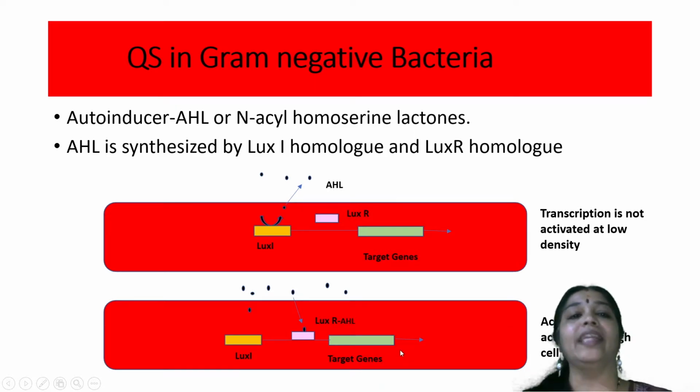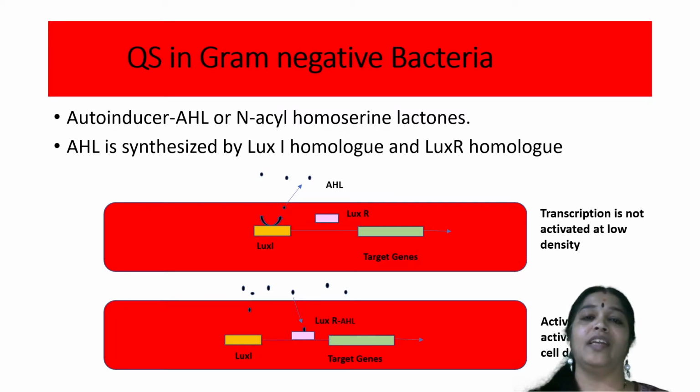As I told you, it can be any gene, virulence too, sporulation, etc. So it is activated at a high cell density. This is quite interesting. Suppose we want to control the virulence of this bacteria or any microbe for that matter, you just have to control the quorum sensing, then you can definitely do it, if the gene is for virulence.